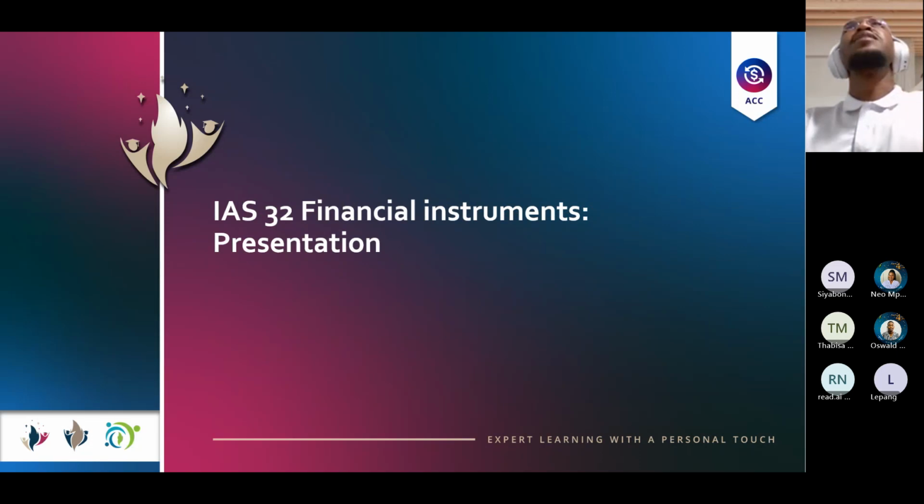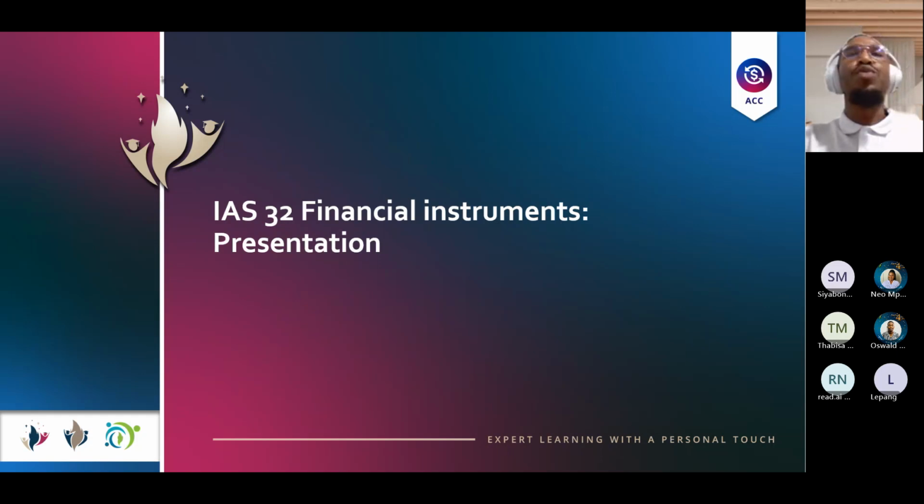Financial instruments is a portion of corporate financial reporting made up of a number of complementary standards that work together. The first is IAS 32, followed by IFRS 9, which speaks to classification, measurement, initial recognition, etc. And finally IFRS 7, which speaks to the disclosure of financial instruments.